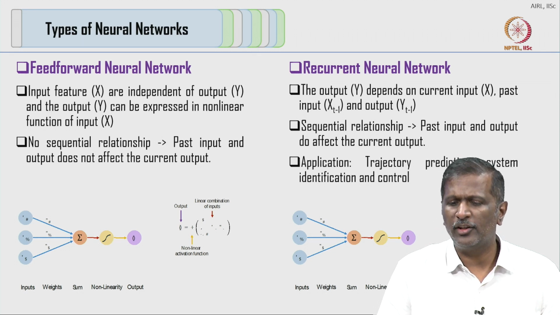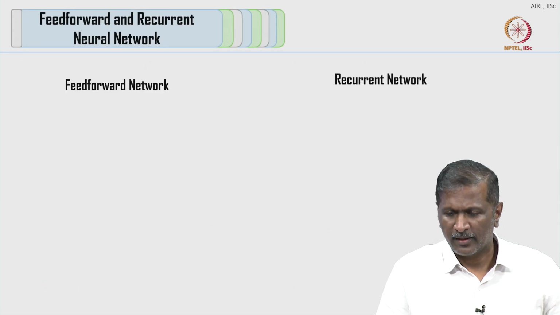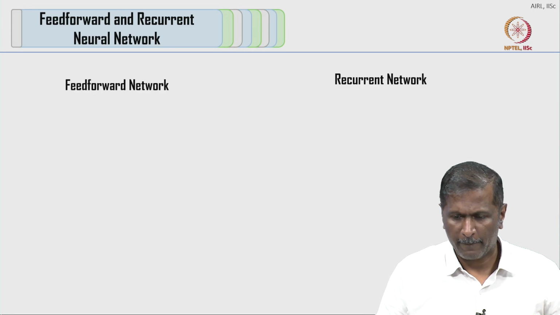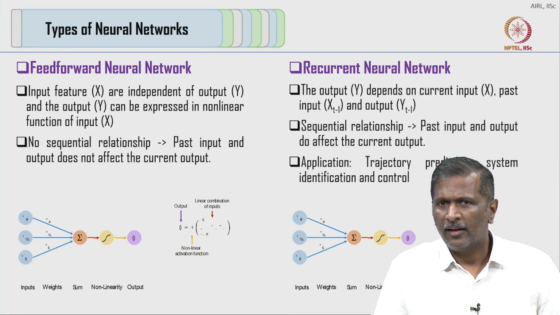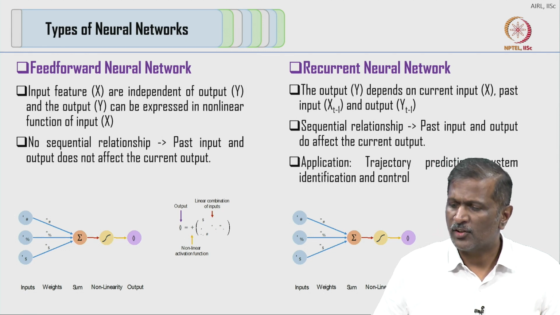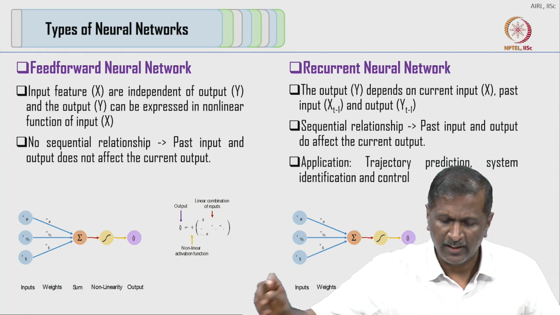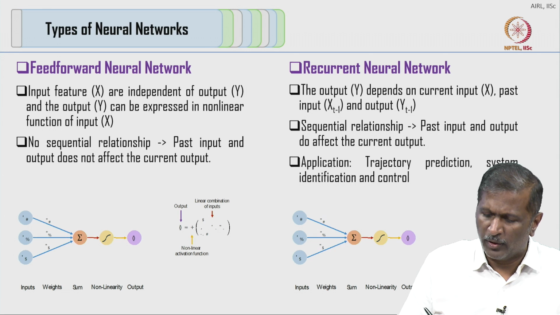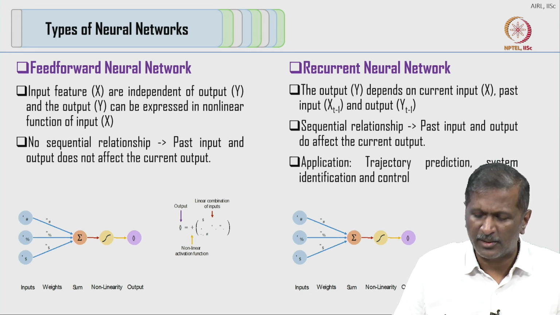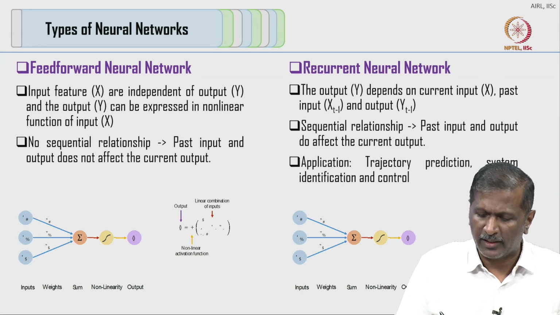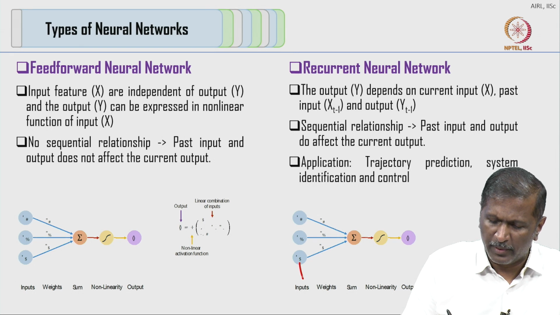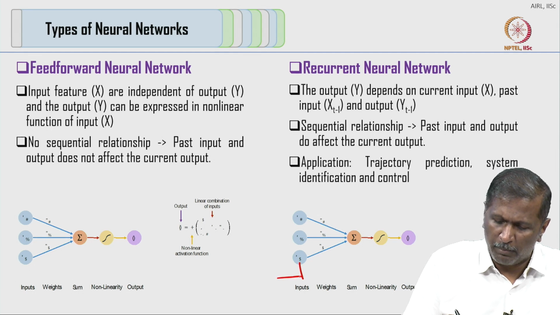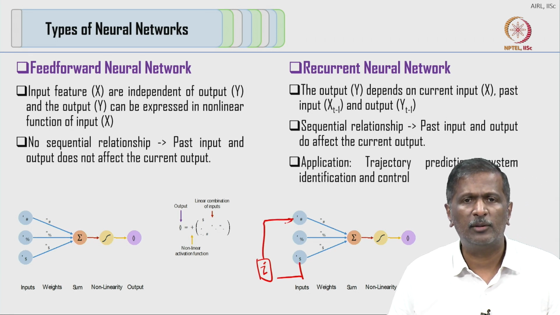If you look at a recurrent neural network, the output depends on the current input and the past. Let us say this is a single perceptron, and if I want to show recurrence, what I can do is bring the past input back with a delay, could be a unit delay, and feed it back as one additional input.